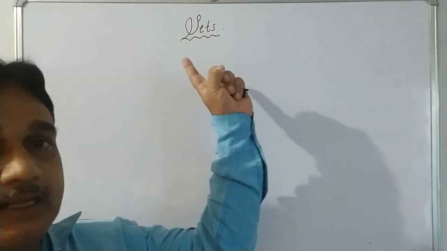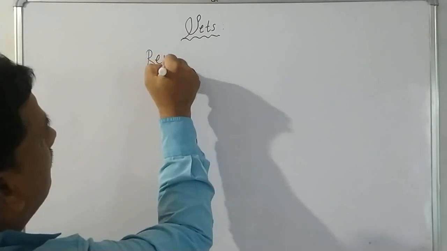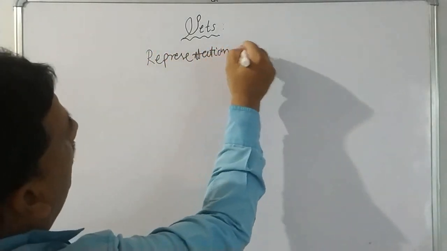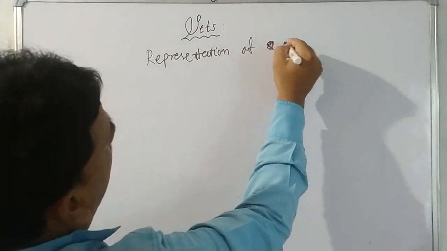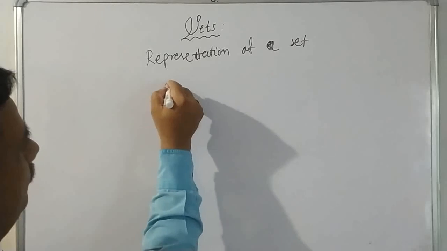Similarly, how to represent a set? Representation of a set. A set can be represented in two ways.